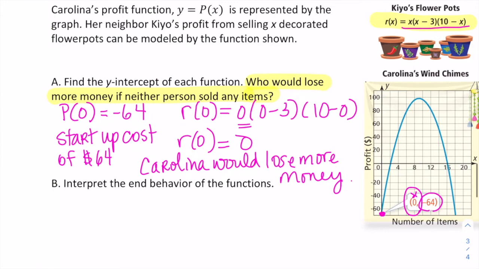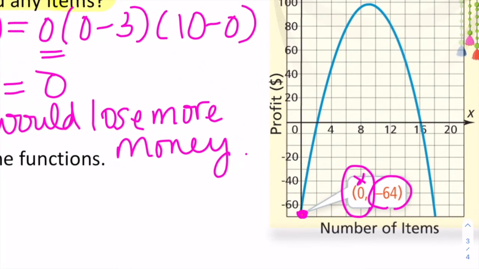Okay, well, the last question here is looking at end behavior, kind of going back to the last section. So remember when we had this parabola here, we know that as x approaches negative infinity here, y is approaching negative infinity. And then as x is approaching infinity here, y is approaching negative infinity.